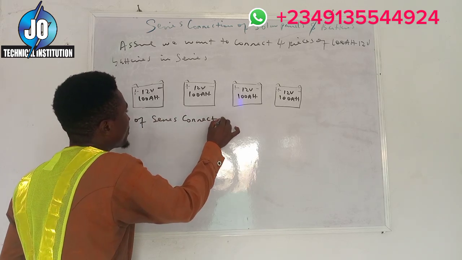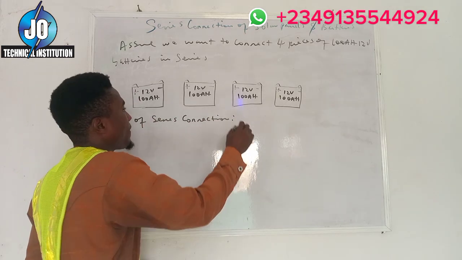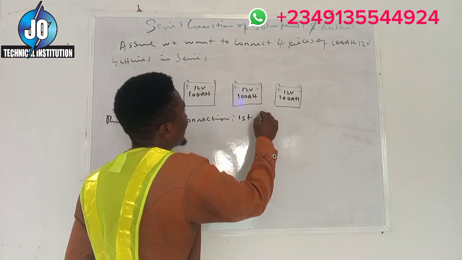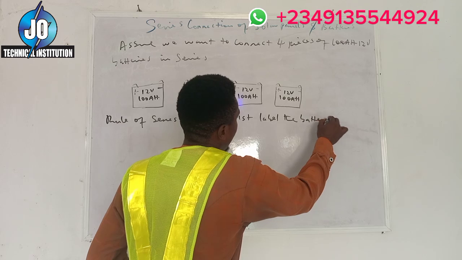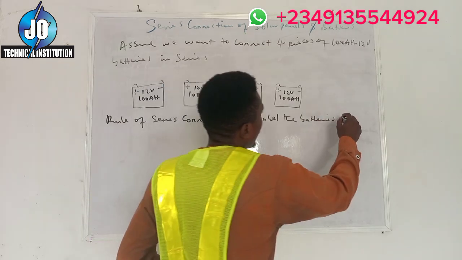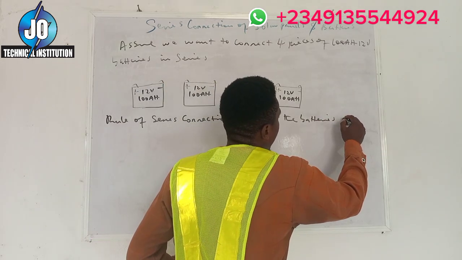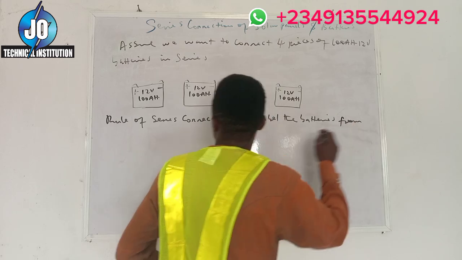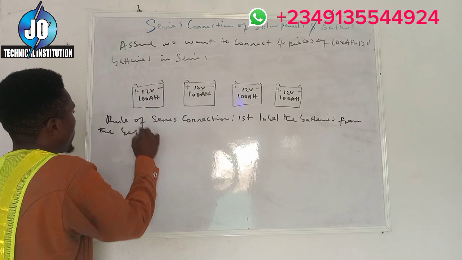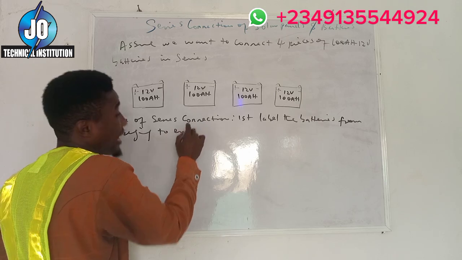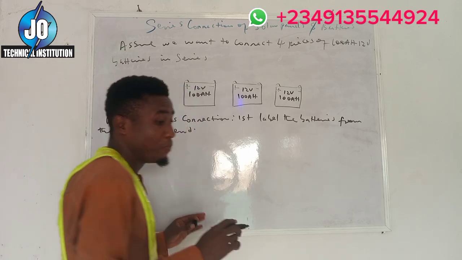The rule of series connection states that first, label the batteries from the beginning to end, if you are new in the system.